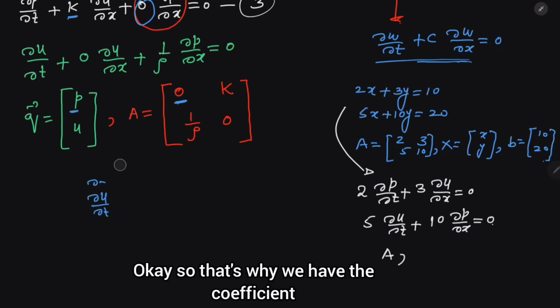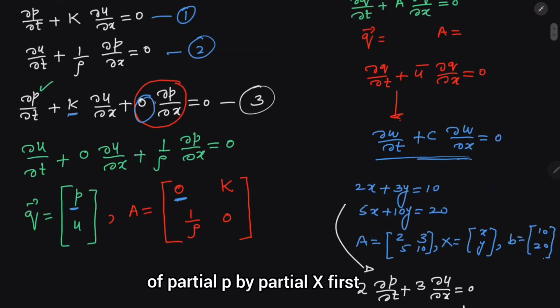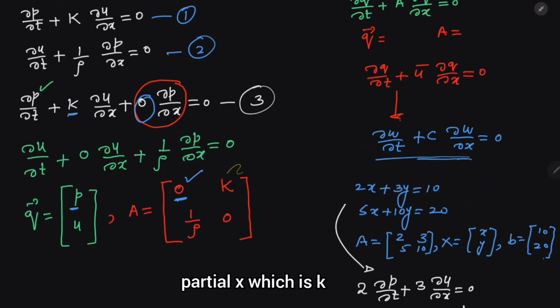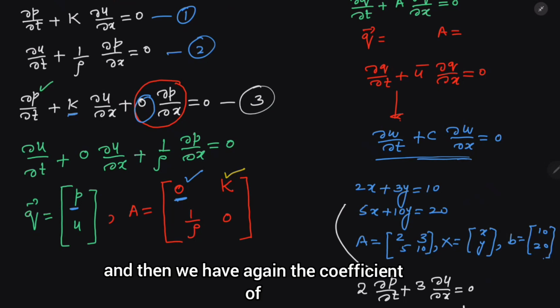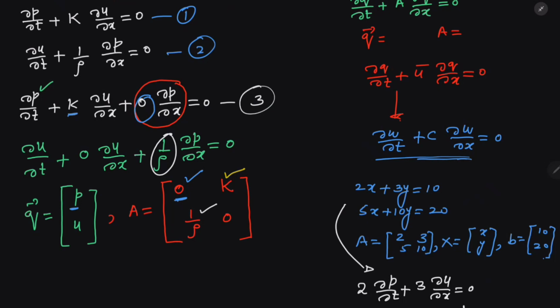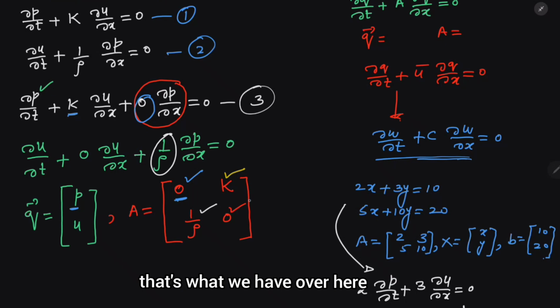Okay, so that's why we have the coefficient of partial p by partial x first. Then we have the coefficient of partial u by partial x, which is k. And then we have again the coefficient of partial p by partial x, 1 over rho, and the coefficient of partial u by partial x is 0. So that's what we have over here.